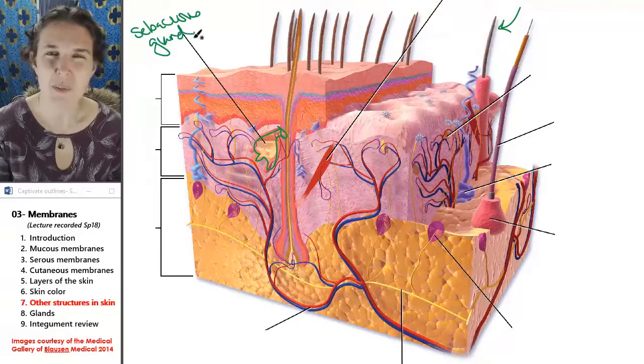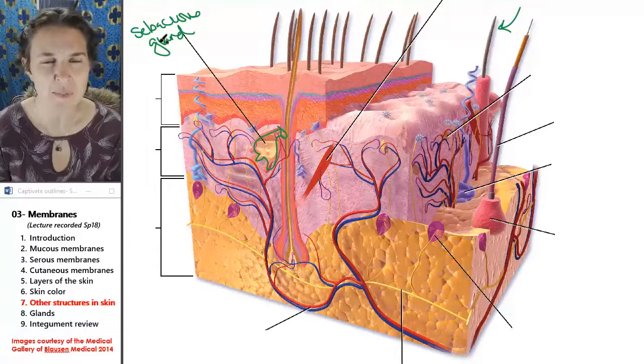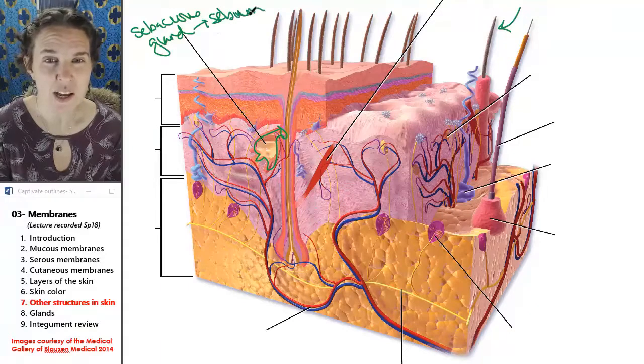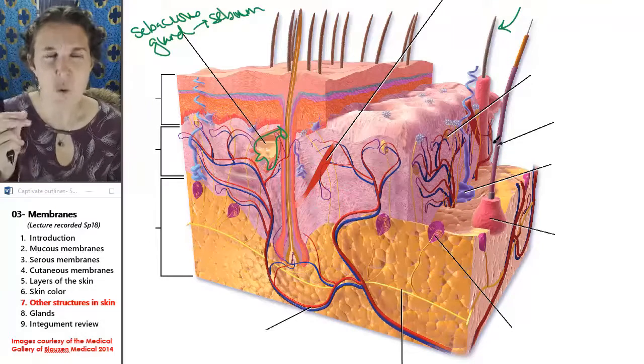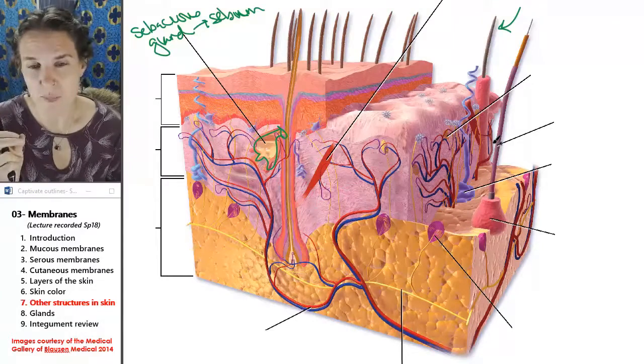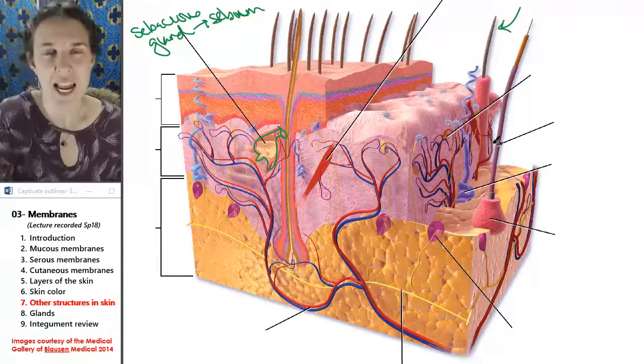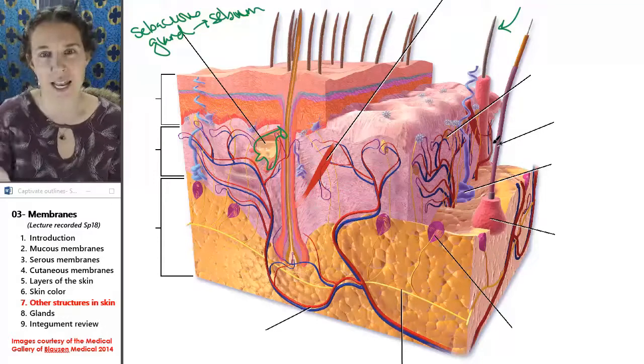And we're going to talk about types of glands in the next section. But this sebaceous gland produces a substance called sebum, which I don't know why, but that sounds super gross to me. Sebum is this kind of oily, maybe it is gross, stuff that lubricates the hair and helps it get out of its follicle.